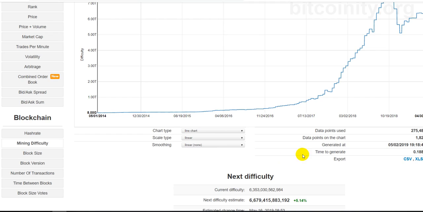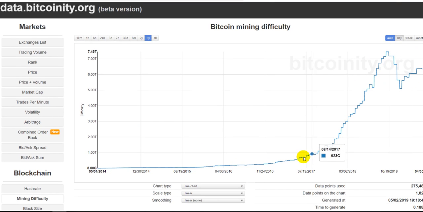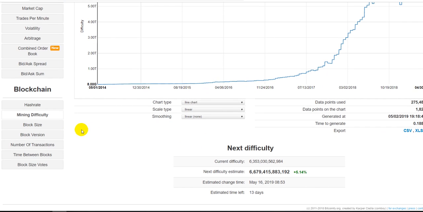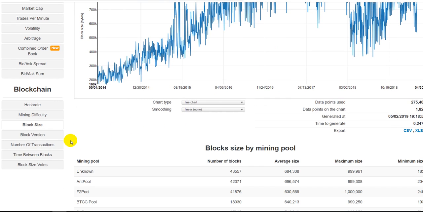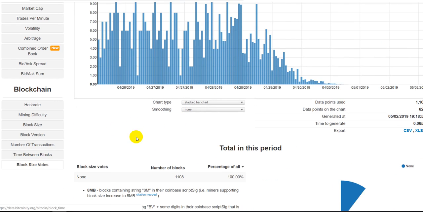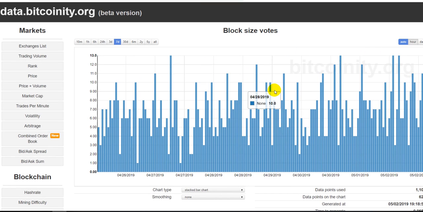Mining difficulty, yeah. Of course there are other pages showing similar things, but here you have almost everything on one page. That's really awesome. You don't have all the exchanges, but I really like it.